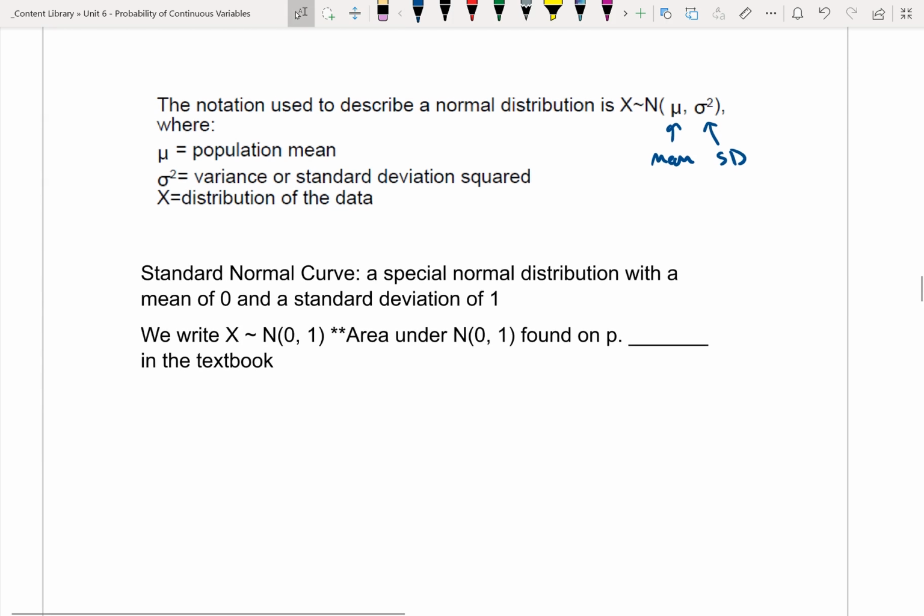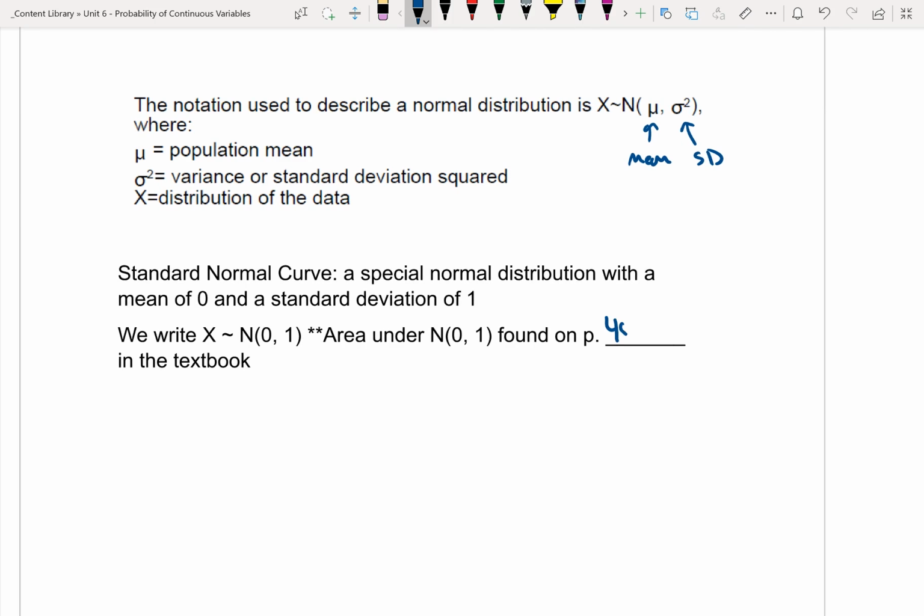A standard normal curve is a special normal distribution with a mean of 0 and a standard deviation of 1. So you can write that as X approximately N with 0 and 1. The area underneath the curve can be found on pages 480 and 481.